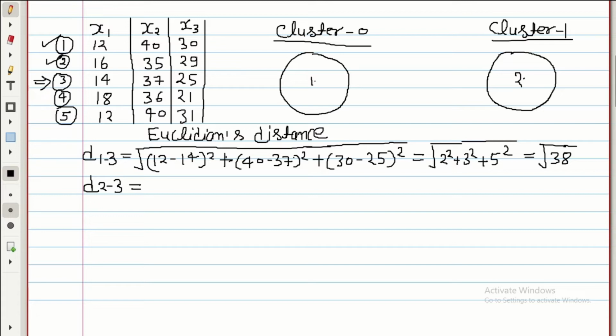Now let us compute the distance from instance number 2 to 3, where instance number 2 is the centroid.